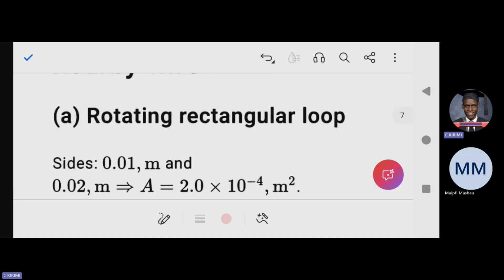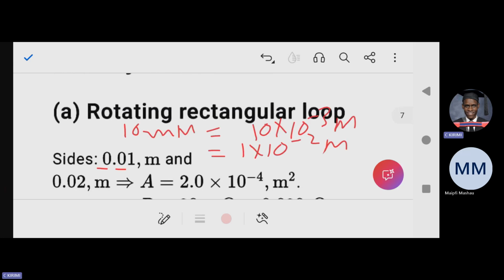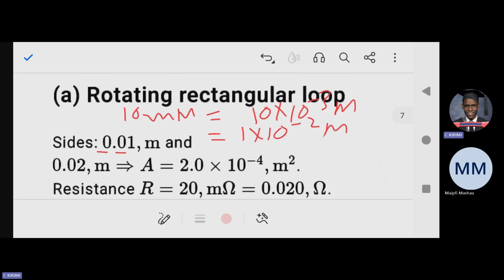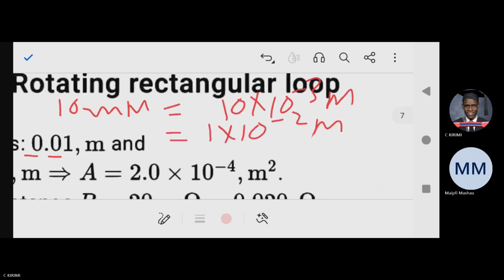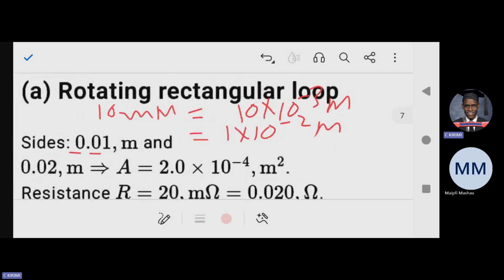So we want the area. When you are calculating area, it's 1 times 10 to the power negative 2 times 2 times 10 to the power negative 2 meters.